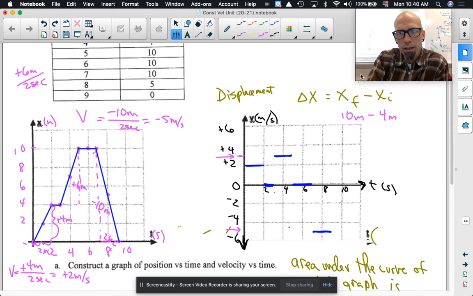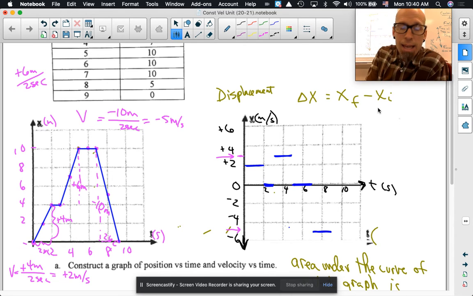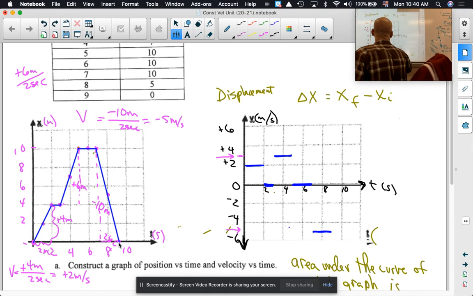Well, how does it work with this? Let's think about it. Where was the object at the end? It got back to 0. It was at 0 meters at the end. Final position, 0 meters, minus where did it start?